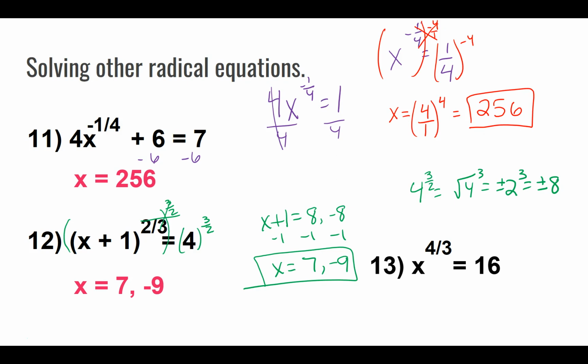From there, I simplified that piece. 3 over 2 means a root of 2 and a power of 3. The square root of 4 is 2 and negative 2, so when I cube that, I have to cube 2 and negative 2 to get 8 and negative 8. Good? Okay.